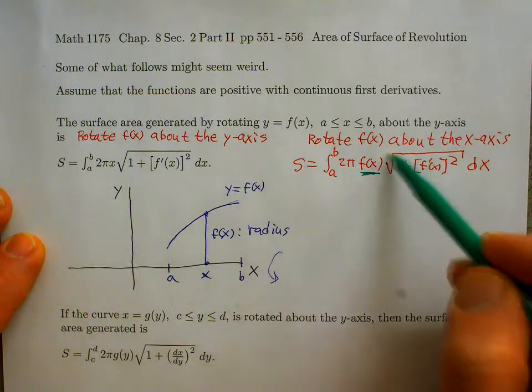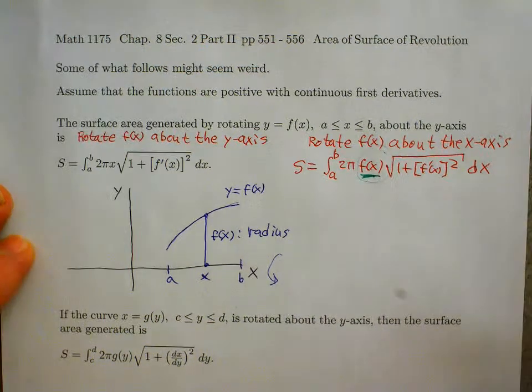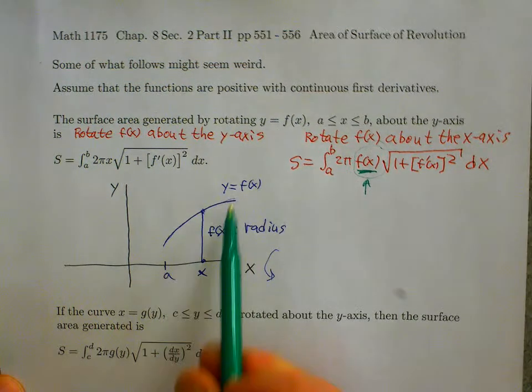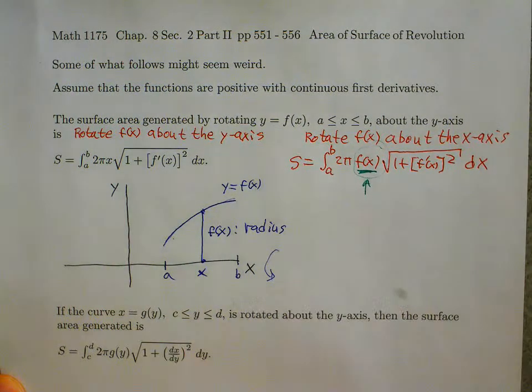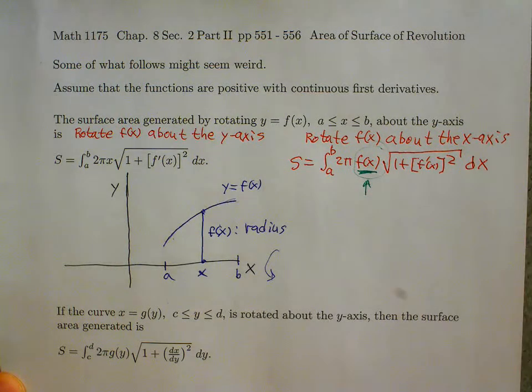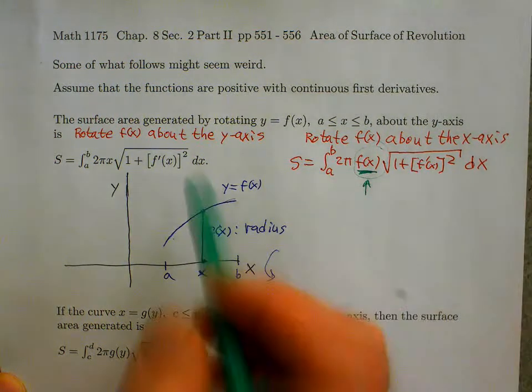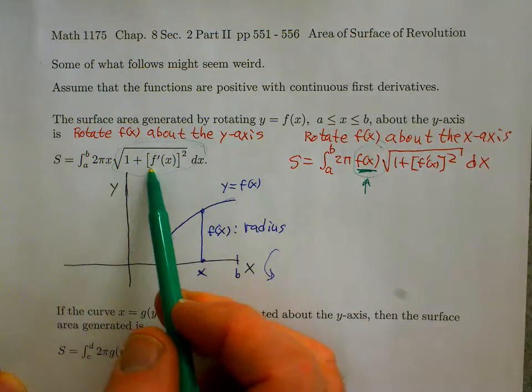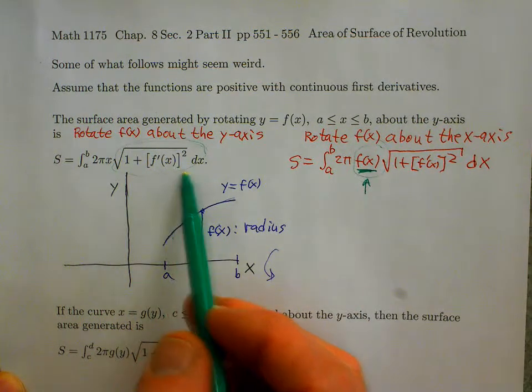In our construction of this yesterday, this f of x is the radius of the cross-section. Okay, but if we rotate this about the y-axis, well, remember what this expression represents, the square root of 1 plus f prime of x squared dx.